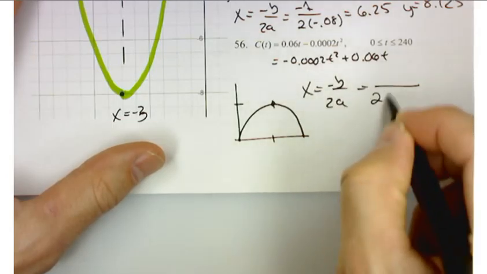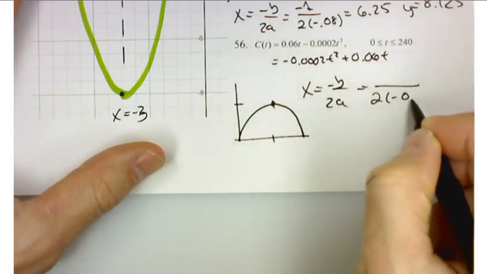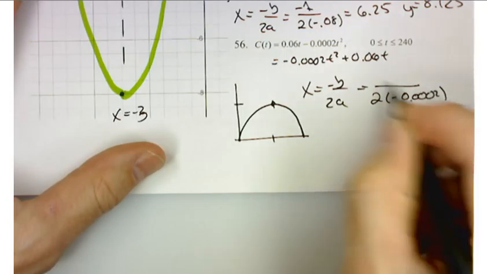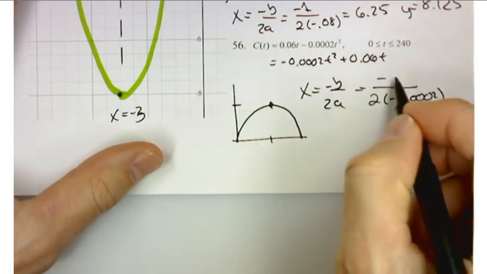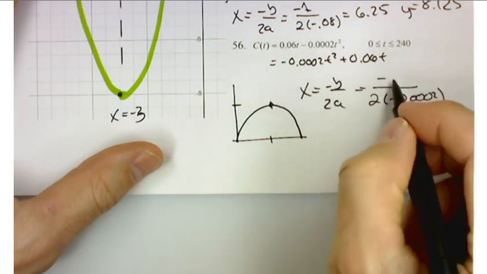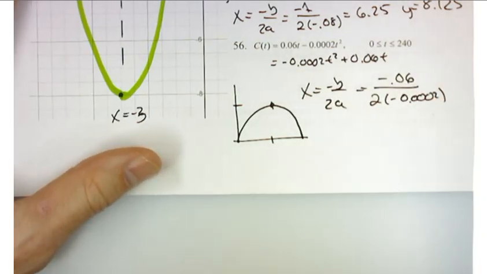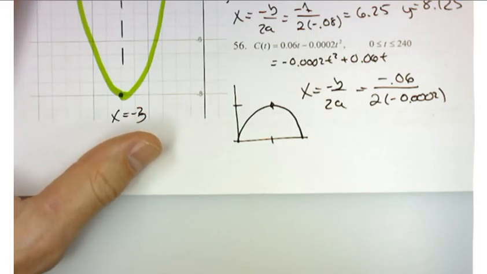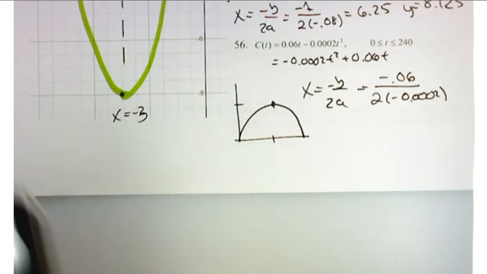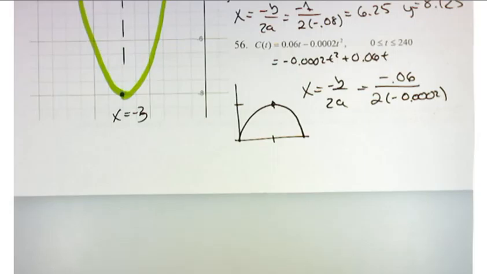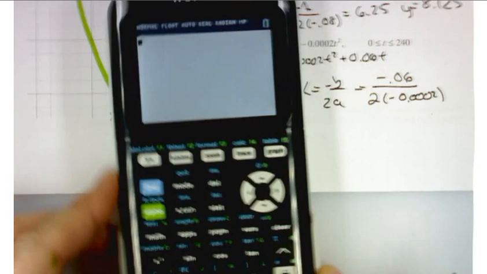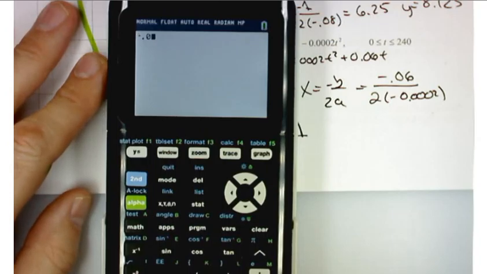So 2 times negative 0.0002. And b is 0.06, so negative of 0.06. Probably a calculation that I'd recommend doing on the calculator just to avoid any silly mistakes. Negative 0.06 divided by parentheses 2 times negative 0.0002.